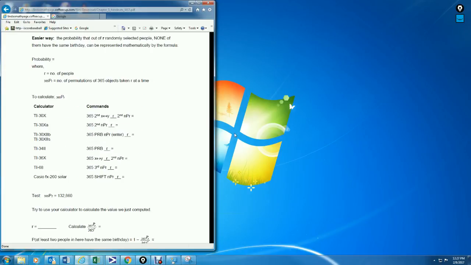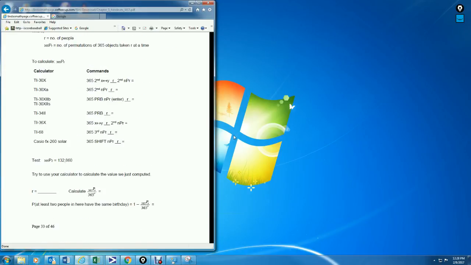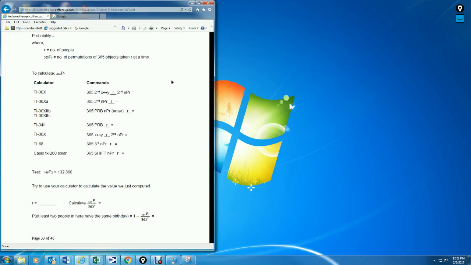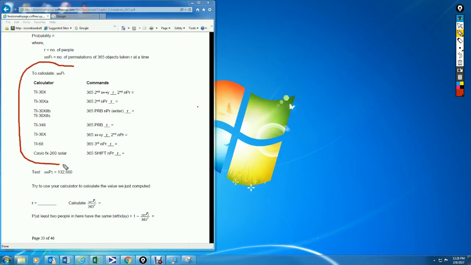Now, on this page 33, I will come back to this because I kind of use the birthday problem as a way to introduce how to do permutations on your calculator. Because in this next section that I'm going to do right now, we are going to do permutations and combinations.